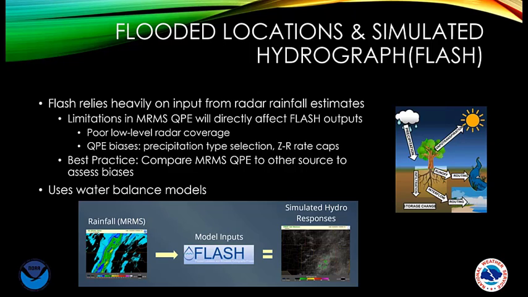Hint, trees. QPE biases are not in there. Precipitation type selection can be a problem, and ZR rate caps cause a problem in getting the maximum rainfall rates. Best practice is to compare your MRMS QPE to other sources to assess the biases when you have to make decisions on issuing flash flood products.